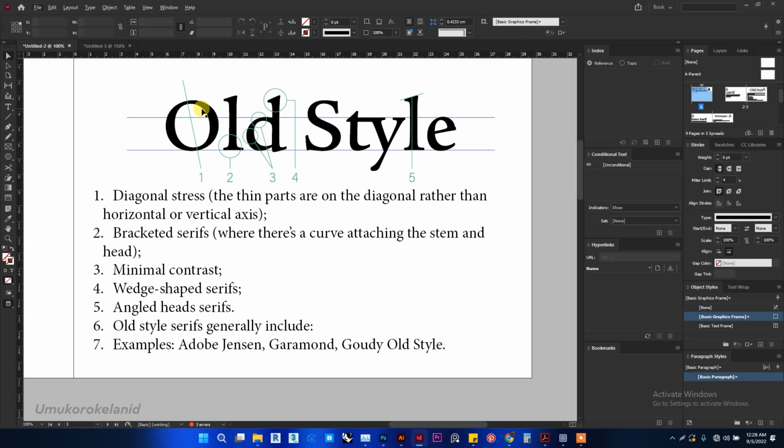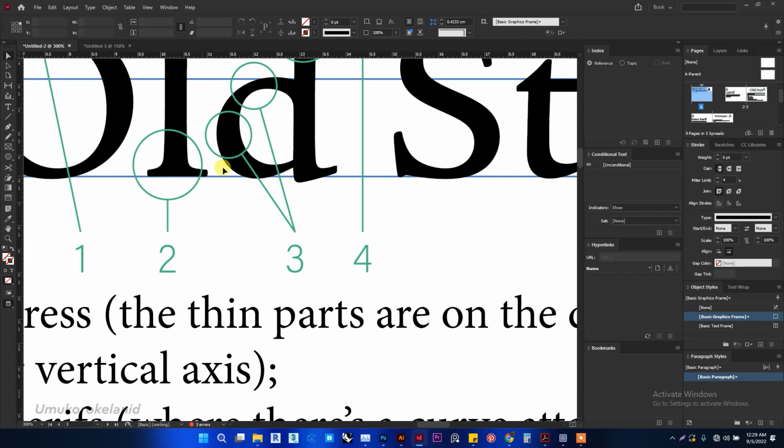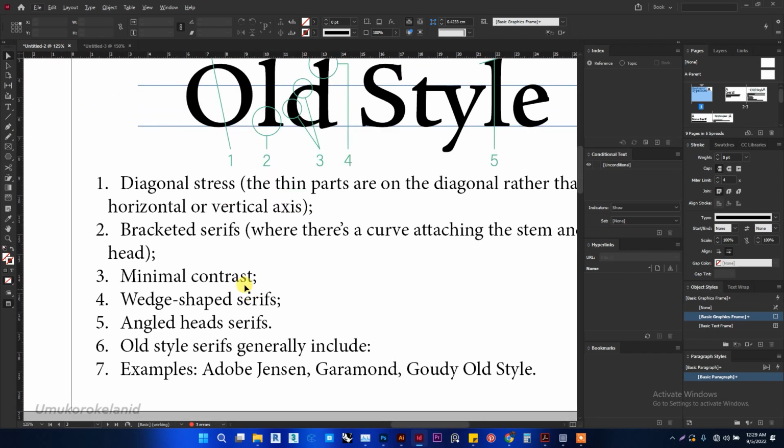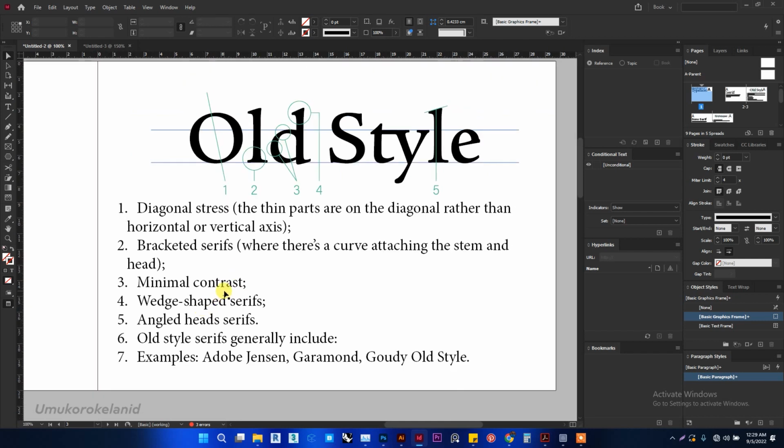And we have bracket serif, which is the number 2. The bracket serif are those serif with curves at their edges. Number 3 talks about minimum contrast.